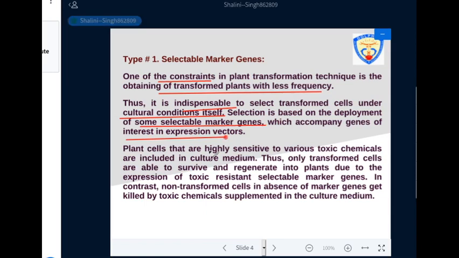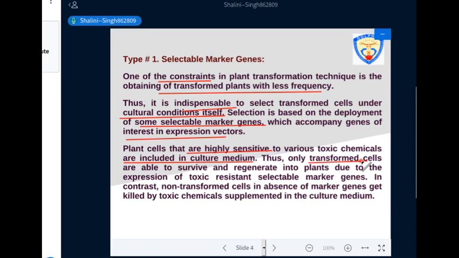Plant cells are highly sensitive to various toxic chemicals like antibiotics and herbicides, and these toxic chemicals are included in the culture medium. Normal plant cells which have not been transformed with the vectors having such resistance genes will not be able to survive.